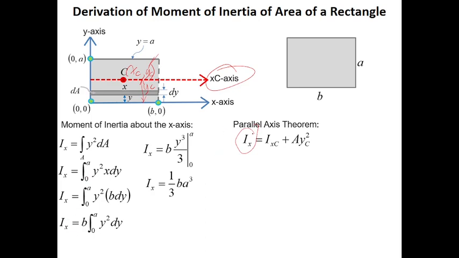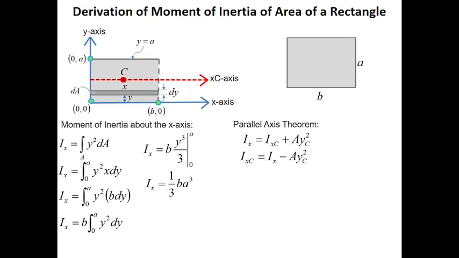So, yun yung Ix. Meron na tayong value ng Ix, the moment of inertia about the x-axis. Ang wala tayo, ito. We will determine. So, we continue. So, we are able to determine Ixc by subtracting A yc squared from Ix. So, arranging, transpose natin sa kabila, magiging minus. Therefore, Ixc equals Ix minus A yc squared. No?